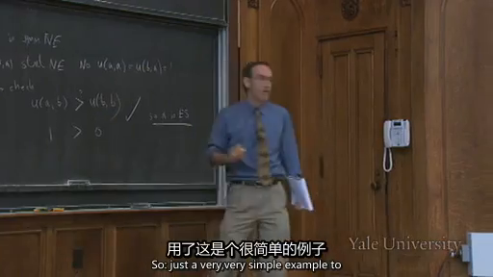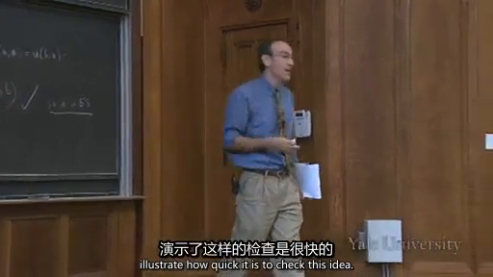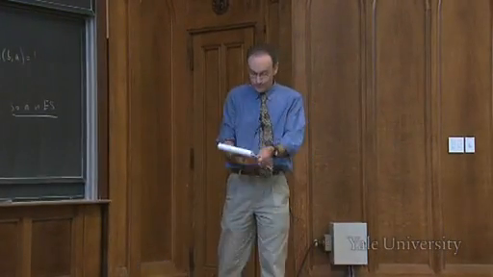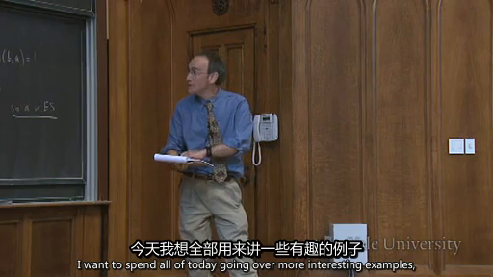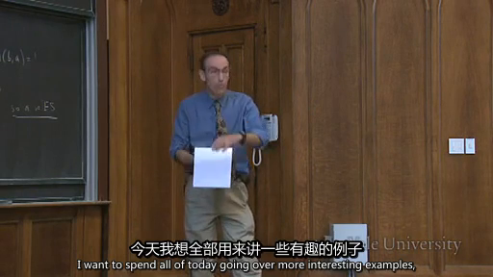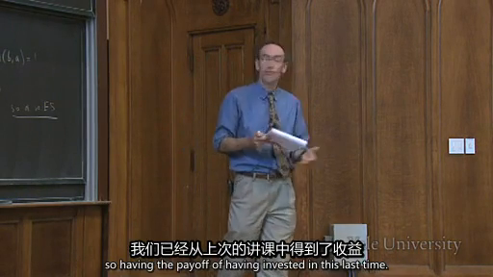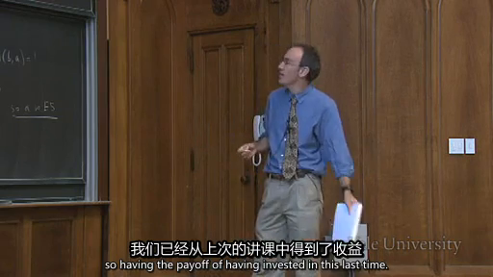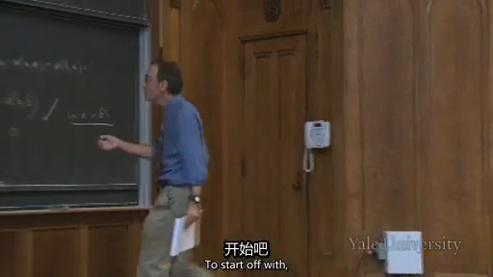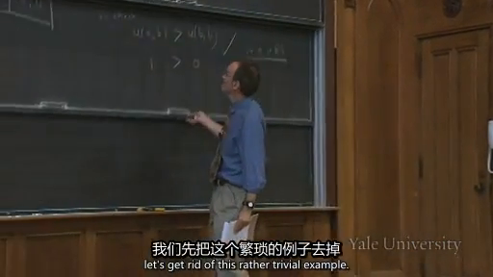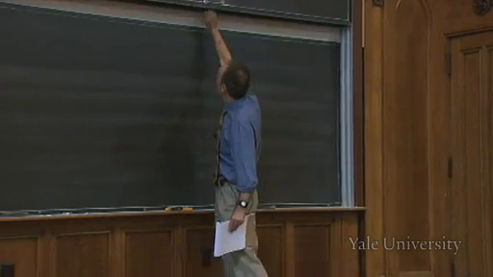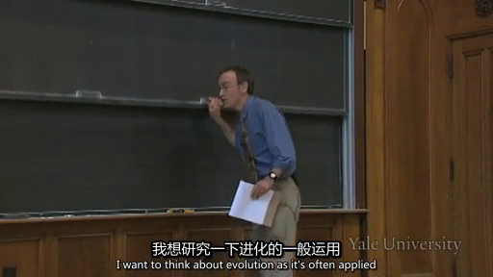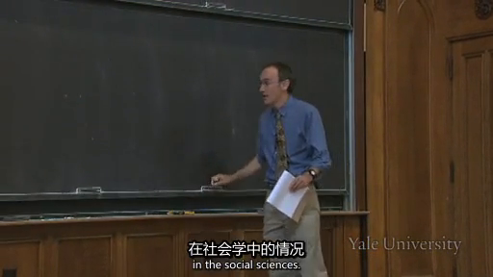All right, so just a very, very simple example to illustrate how quick it is to check this idea. I want to spend all of today going over more interesting examples, having the payoff for having invested in this last time. To start off, let's get rid of this rather trivial example. I want to think about evolution as it's often applied in the social sciences.